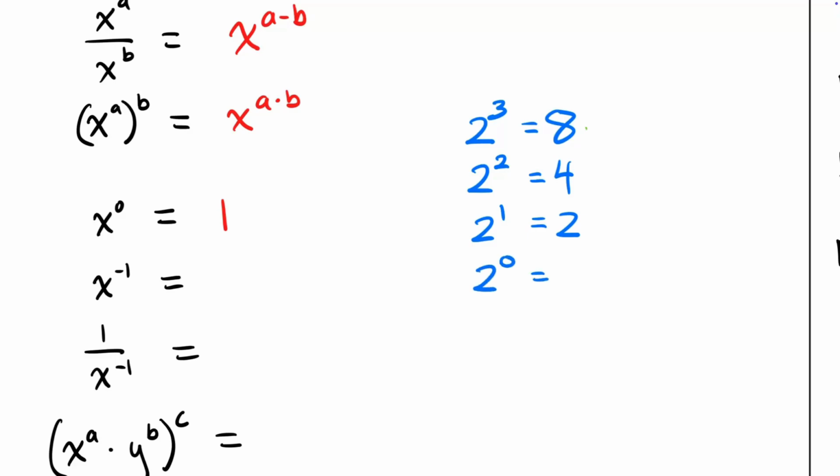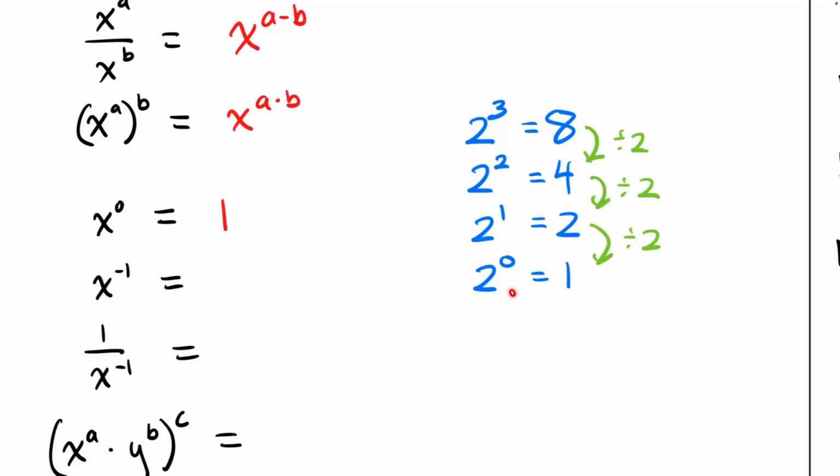Well, let's look at the pattern. 8 to 4, I'm dividing by 2. 4 to 2, I'm dividing by 2. 2 to whatever this mystery number is should continue this pattern and divide by 2, and therefore it needs to be 1. So it's an answer that I don't like giving, but the answer to why x to the power of 0 is 1 is because it works, because it continues the pattern that we know with our properties of exponents.